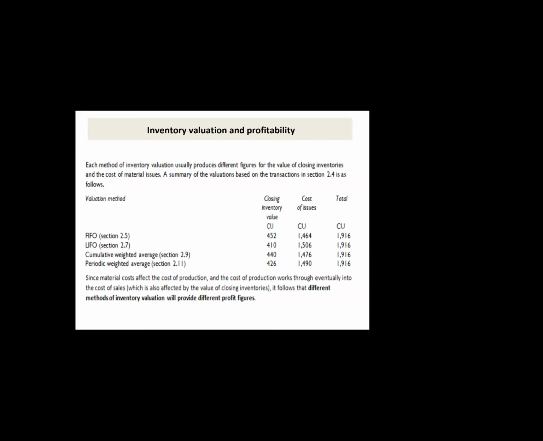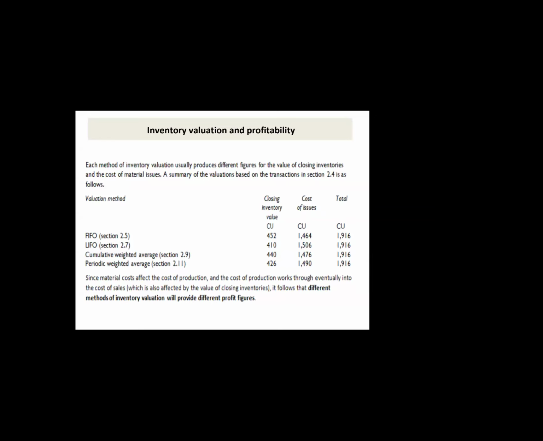This is because closing inventory moves with some cost to the next period. That's why we get higher profit in the current period, as closing inventory moves with some cost.